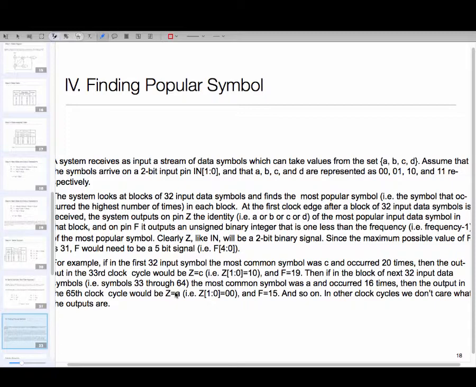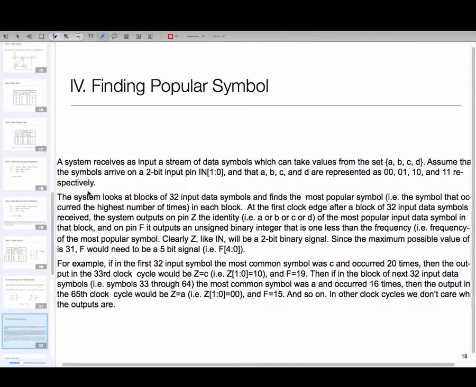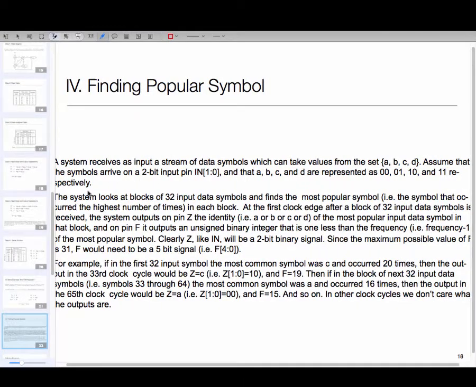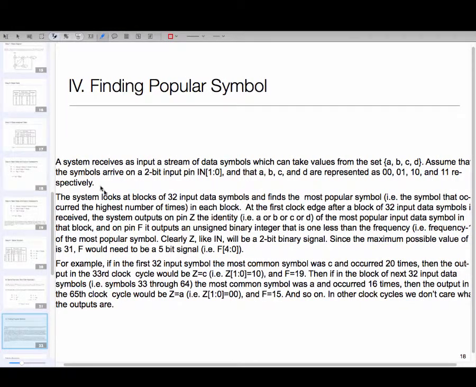What am I saying? Maximum. Actually, let me ask you, why do you think I just wrote maximum value is 31, but I need a 5-bit signal?